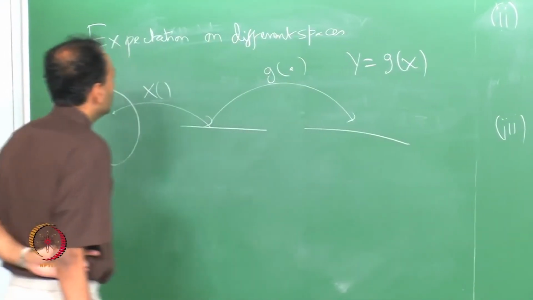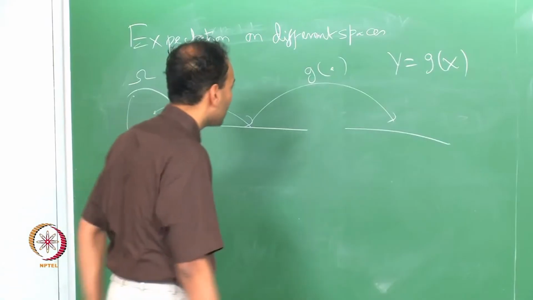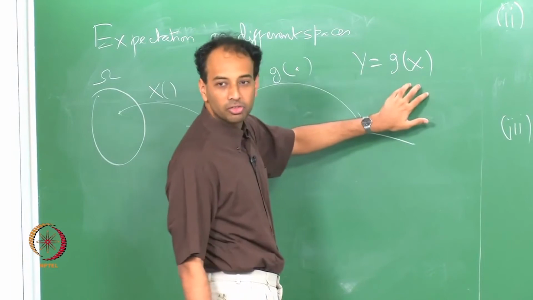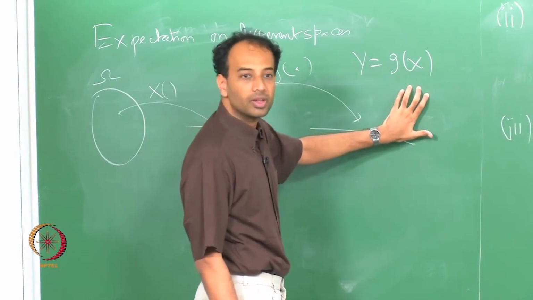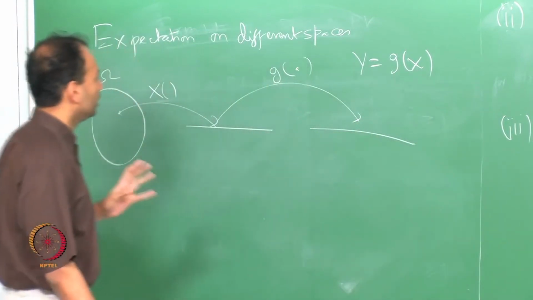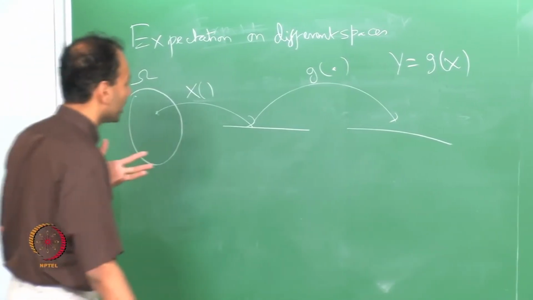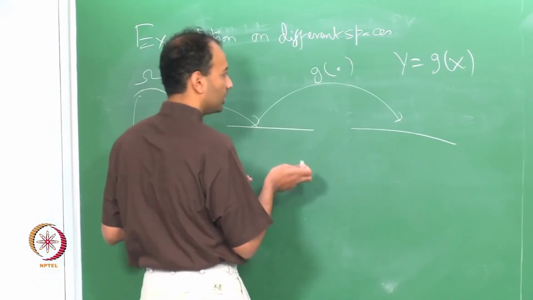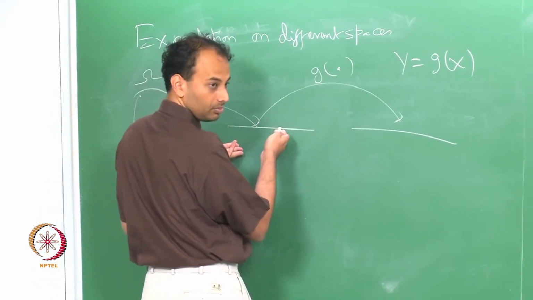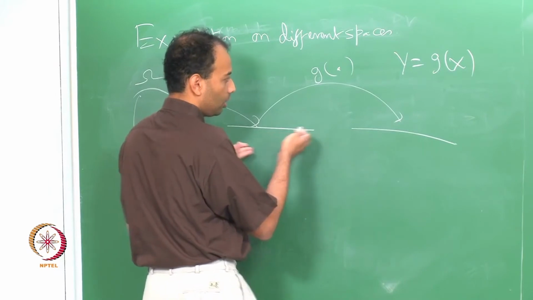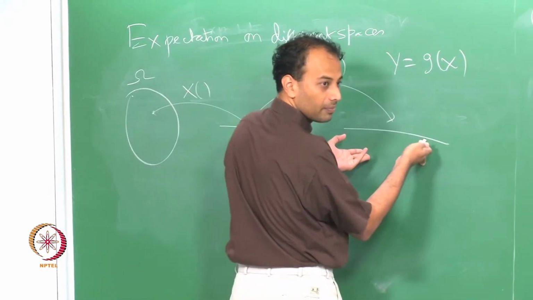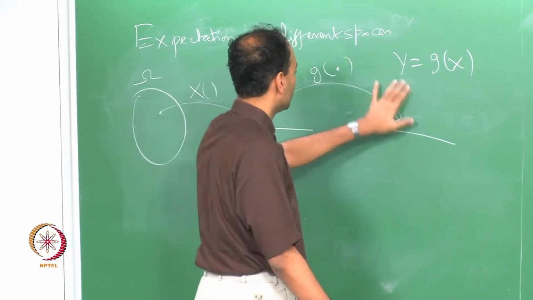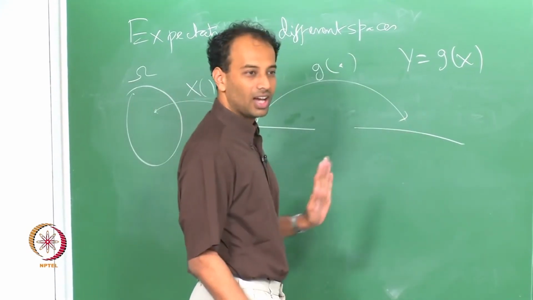So, what I want to do is compute the expectation of y, the expectation of g of x. What you would expect is that, suppose I know the probability law of x here, or I know the probability law of y here, I should be able to compute the expectation of y in any of these spaces and they should be equal, right.